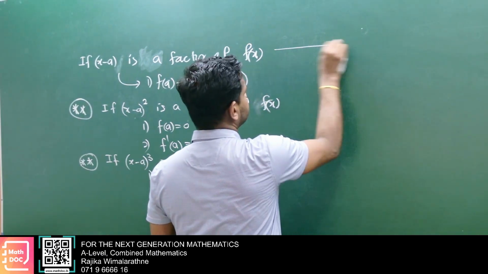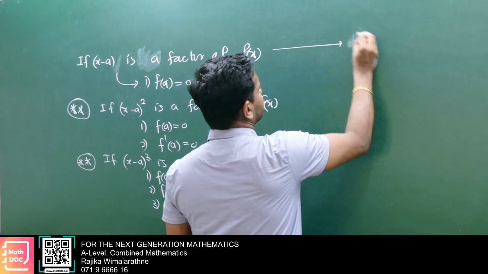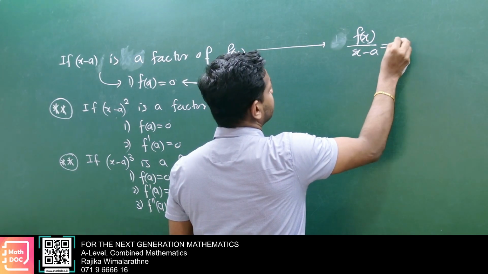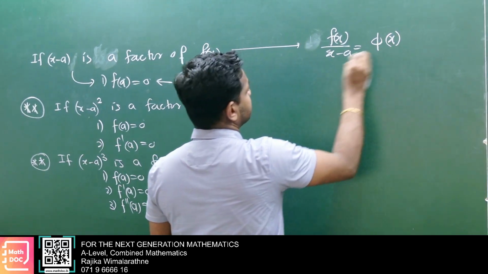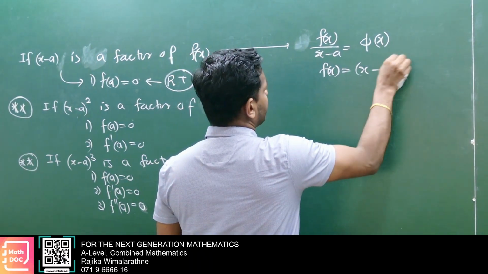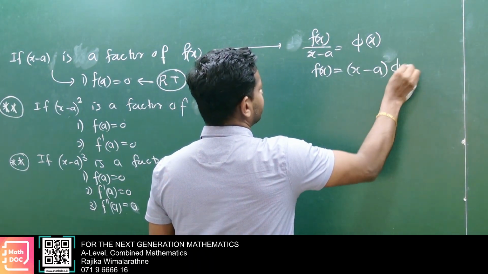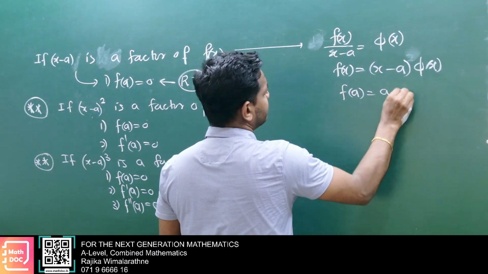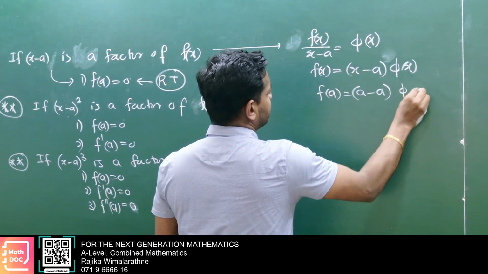First one, f(x) equals (x minus a) phi(x). Therefore f(a) equals (a minus a) phi(a), which is 0.